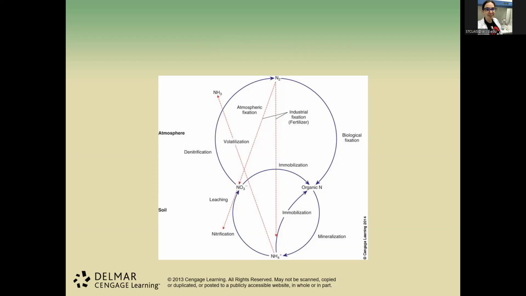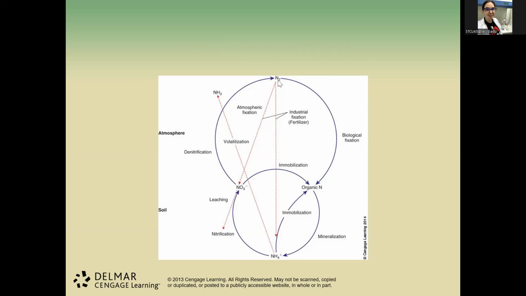So things like peas and beans are going to form this association with the nitrogen fixers. We also have some free living nitrogen fixers like the Frankia species that don't require the association with plants in order to have this function.